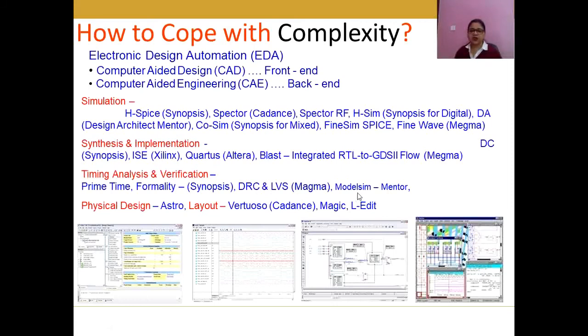So these are the different tools for this. At the physical design level, we have Cadence Virtuoso, Magic, L-Edit, Astro. So different EDA tools are available at each and every level, and these tools are helpful in reducing the complexity of the design and the analysis of the design.